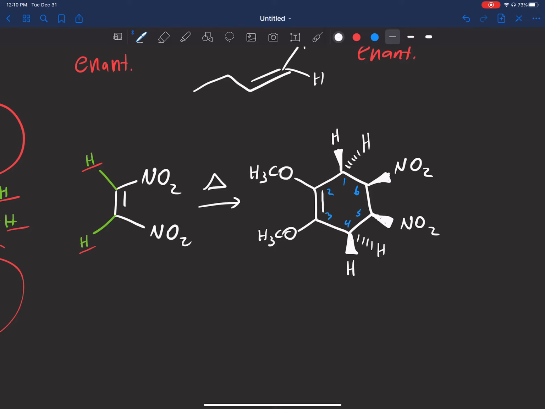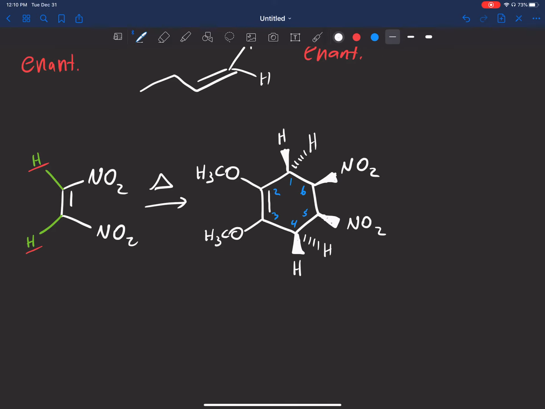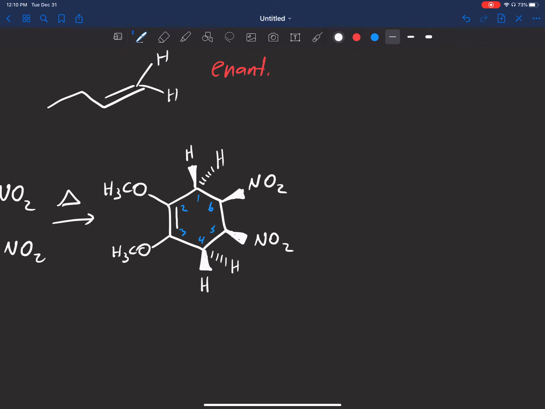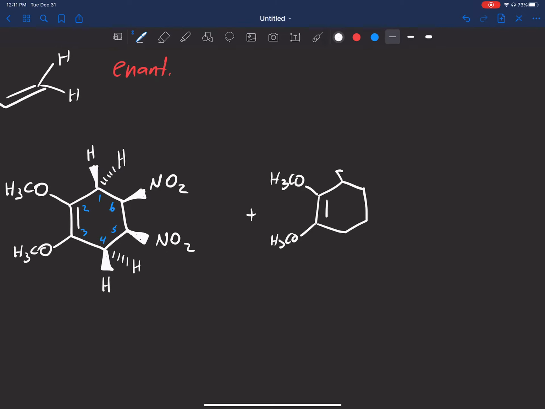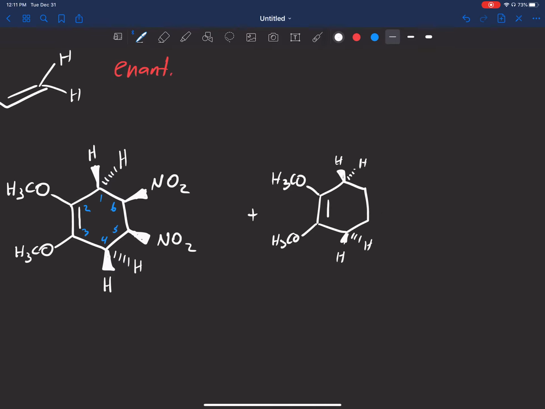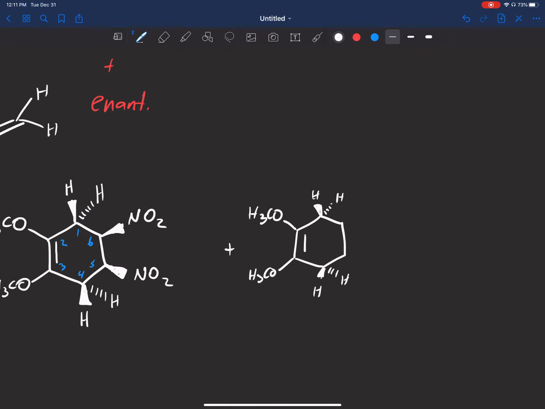Now you may be wondering, was it important to actually draw these hydrogens out on a multiple choice? Maybe not. But let's just try to draw that exo product version. So here are our electron donating groups. These are our hydrogens, and like I said, I picked the trans hydrogen to be wedged. You could have made it dashed as long as you kept the NO2 consistent.